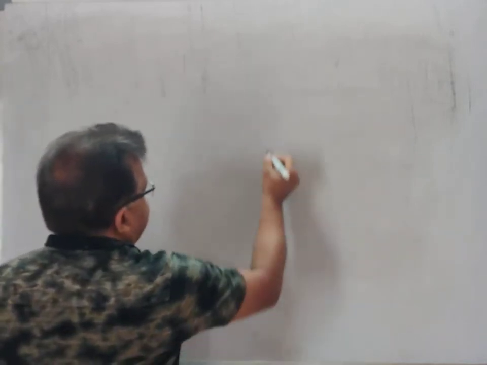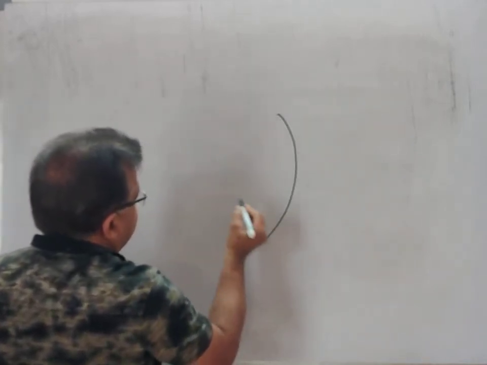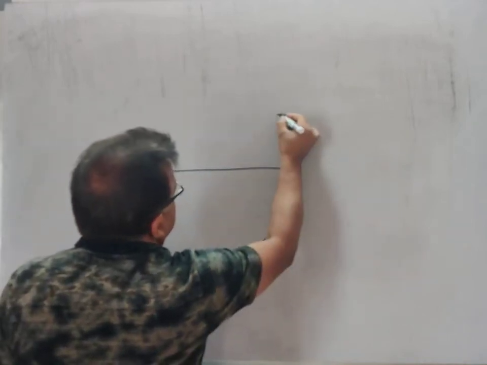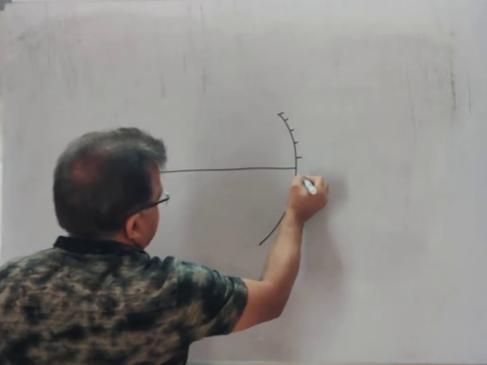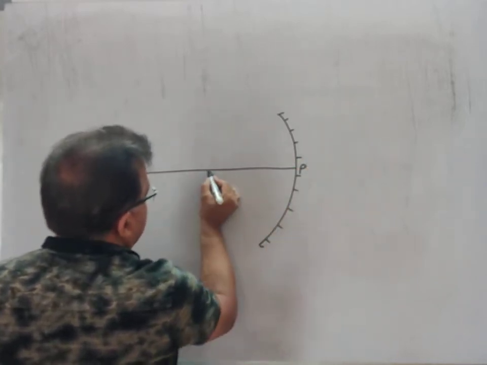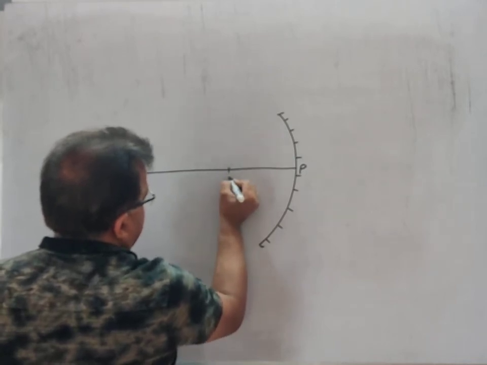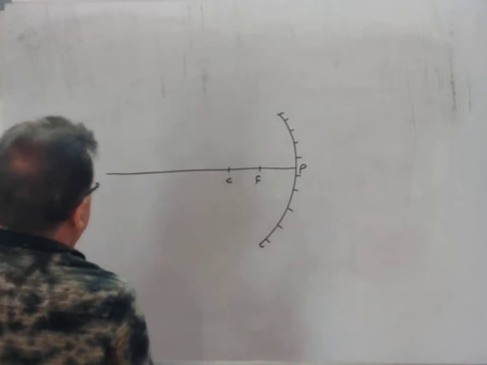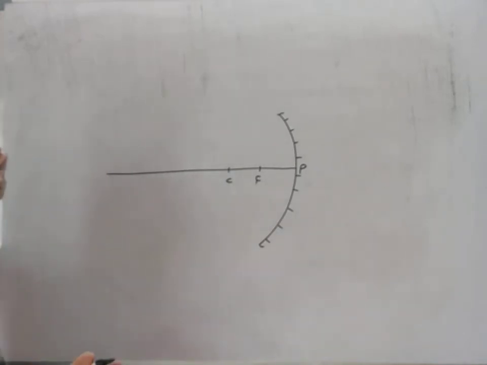We can understand like this. It is pole, let it is center of curvature, in middle there is principal focus, and infinity means at a very long distance.